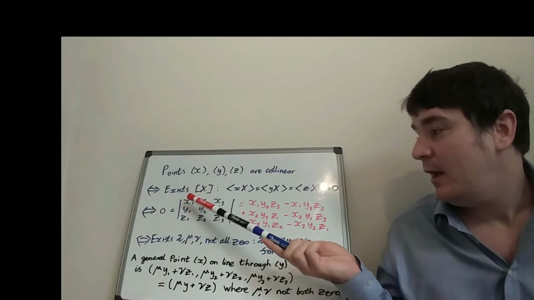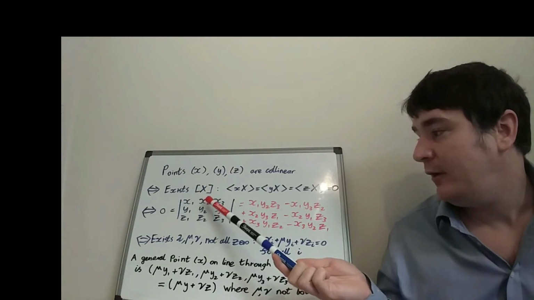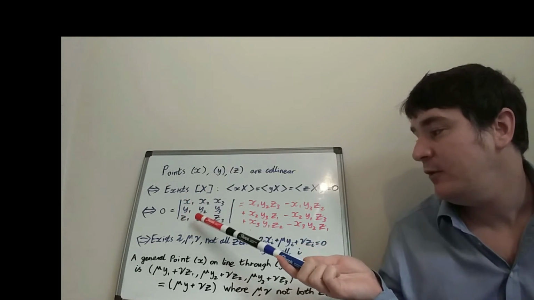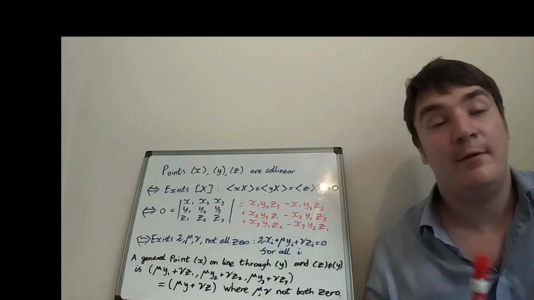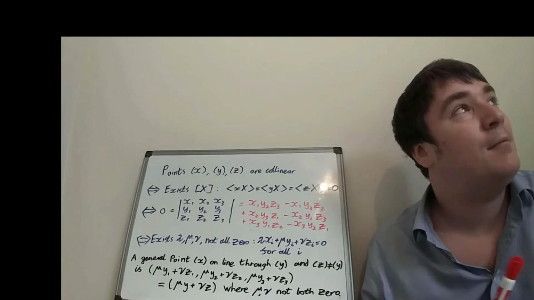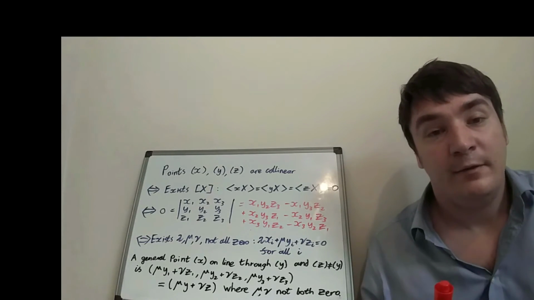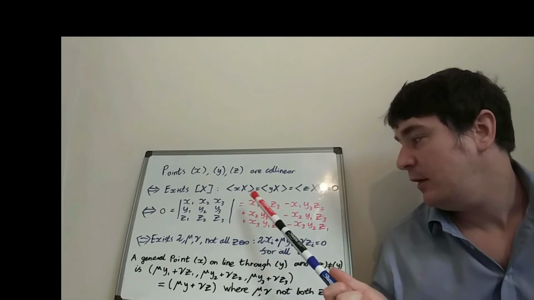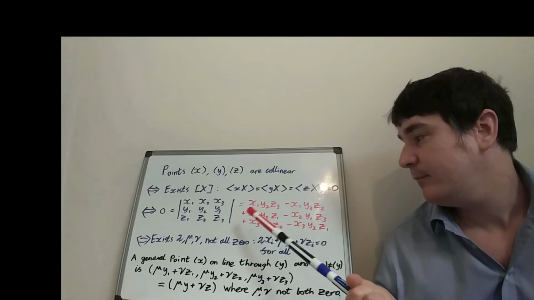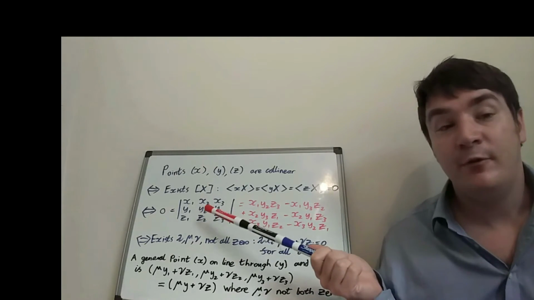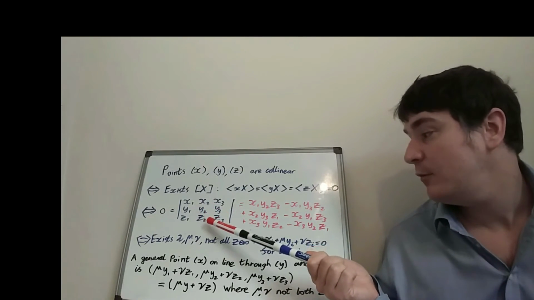with rows x1, x2, x3, y1, y2, y3, and z1, z2, z3 is equal to 0. And if you don't remember about determinants, then don't worry, because you can just think of this expression as being equal to this one here. This is a way to write out what this 3 by 3 determinant is in general.